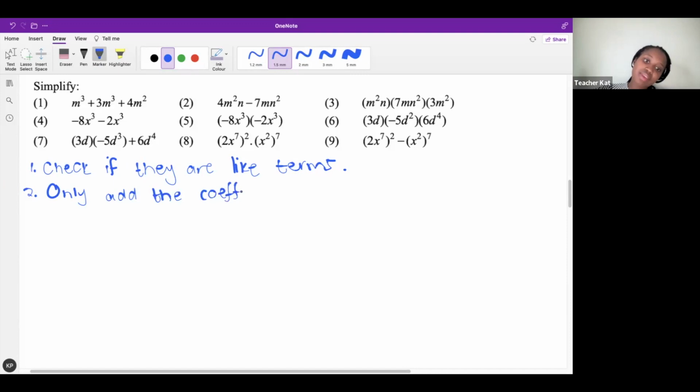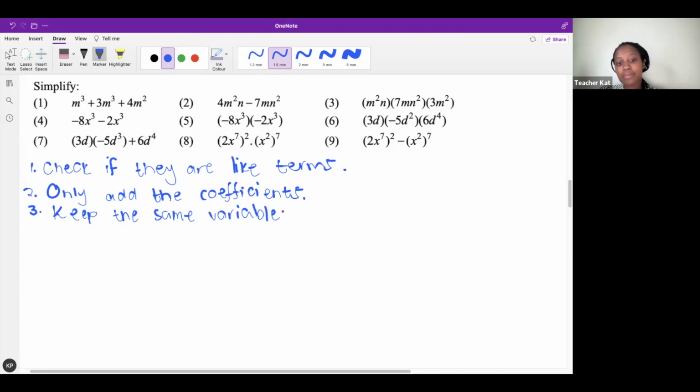Did I say anything about the exponents? Have we said anything about the exponents? I literally just said only add the coefficients. Thank you, Butlali. Which means step 3, which is actually a bonus step, is keep the same variable and exponents.